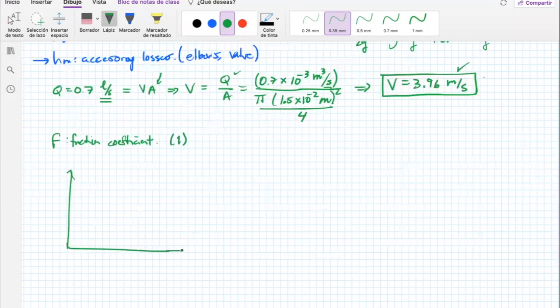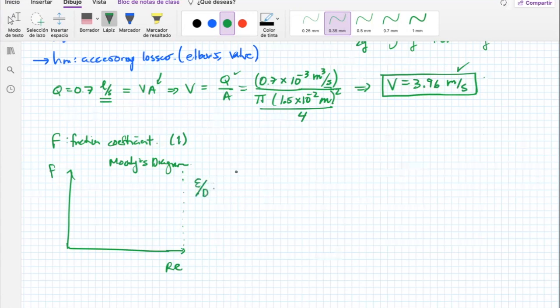One of them is the Moody's diagram, the famous one. Maybe it's famous for you; for me, it's a little bit famous. So in the Moody's diagram you have the y-axis F, and then you have the x-axis at the Reynolds number. At the right side you have another y-axis, and this one equals the relative roughness.